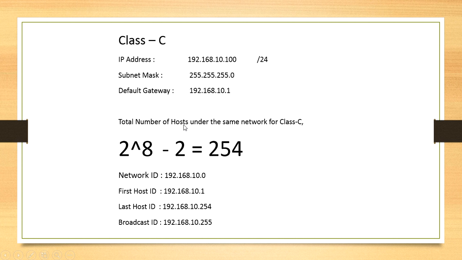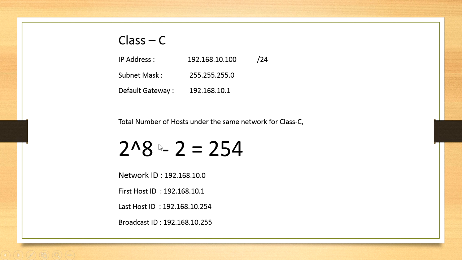Now, how will we get the number of hosts available in a given network of the IP address? Here the formula is 2 to the power 8 minus 2. This 8 is the number of host bits available in that IP. This is class C, so this part is host. If we convert it into binary form, we get 8 bits. So 8 bits are host in the case of this class C IP address.